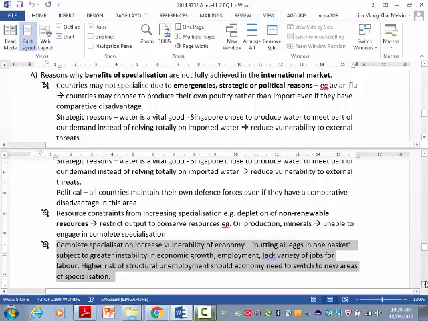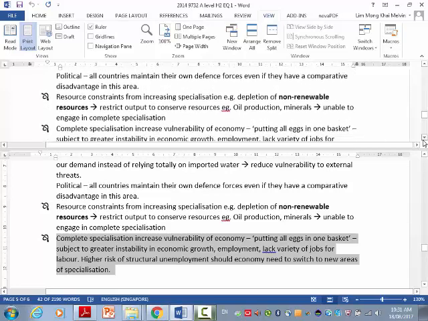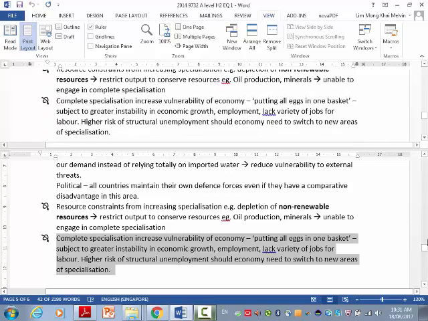And complete specialization also increases the vulnerability of an economy, because it's akin to putting all your eggs in one basket, subject to greater instability in economic growth. Employment, variety of jobs for labor, higher risk of structural unemployment should the economy need to switch to new areas of specialization.